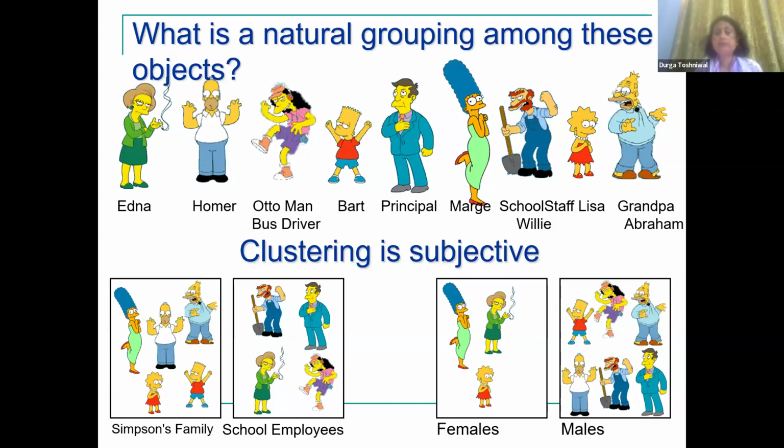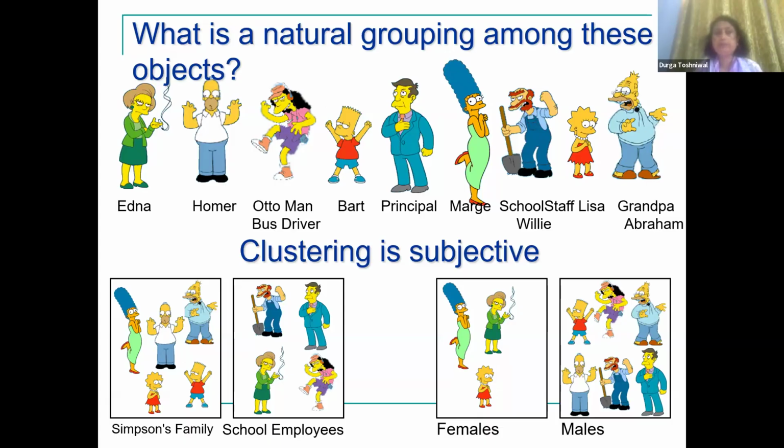And as I said, it actually depends on what we want to do. For example, clustering on the basis of male versus female and clustering on the basis of the Simpsons family and extended family, both are correct. But they may not be correct in a given context.